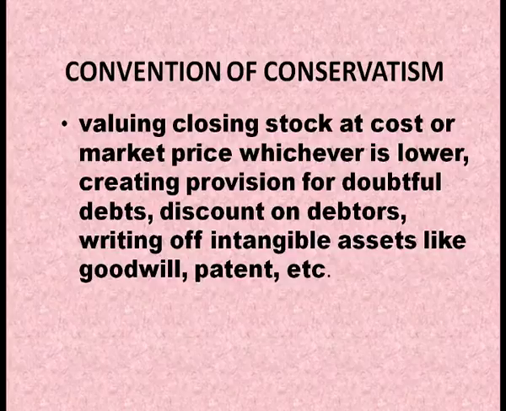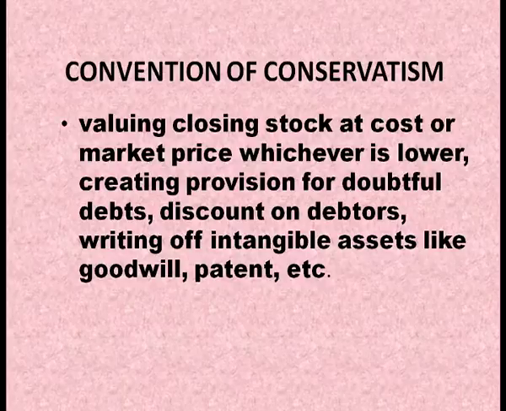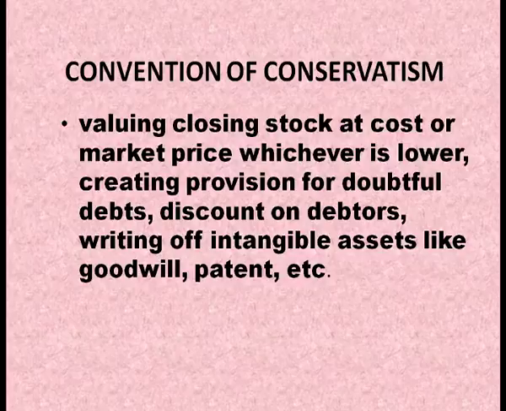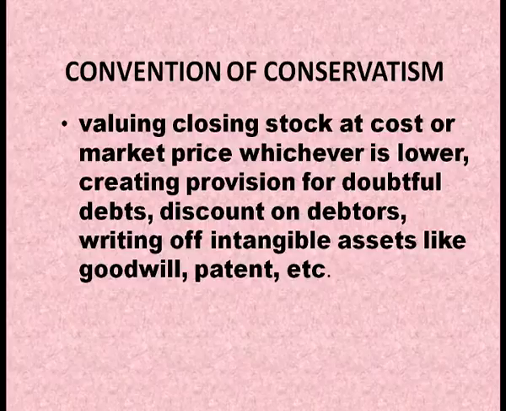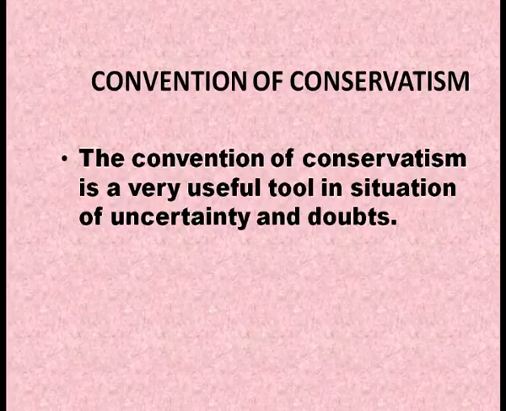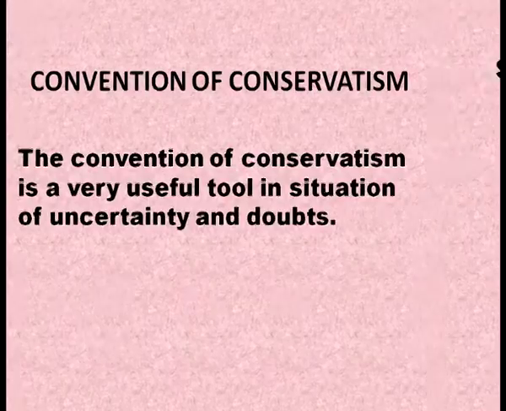Valuing closing stock at cost or market price, whichever is lower, is done on the basis of the convention of conservatism. Why are we creating provision for doubtful debt? Because of this convention, we are providing discount on debtors and writing off intangible assets, etc. The convention of conservatism is a useful tool in situations of uncertainty and doubts.